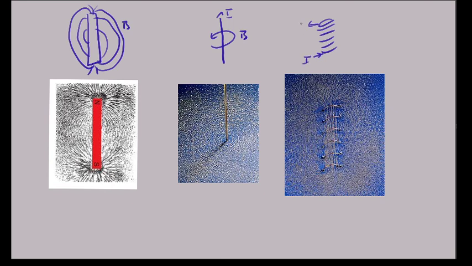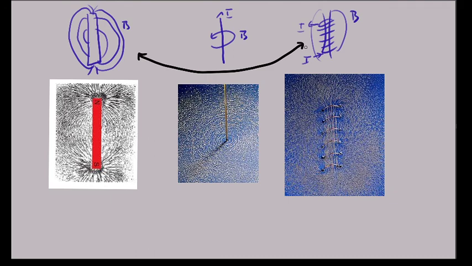So here's I, and here's I, and you would have the magnetic field that points through, and it also points around. So here's your magnetic field. Note that this magnetic field here is very similar to this one. Perhaps they're not identical, but they look very much like each other.